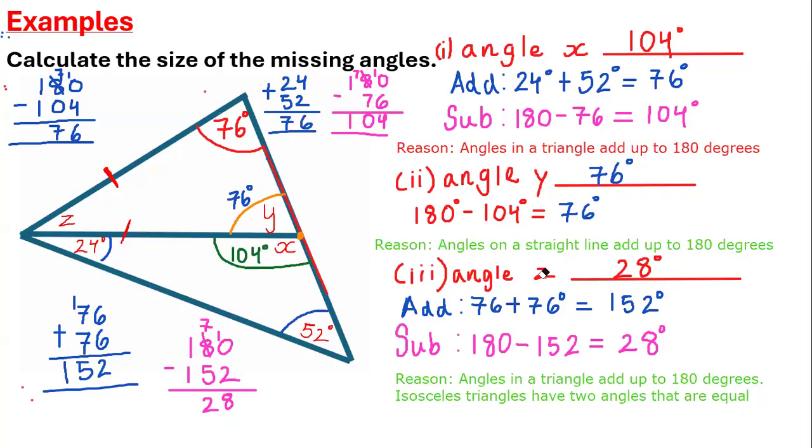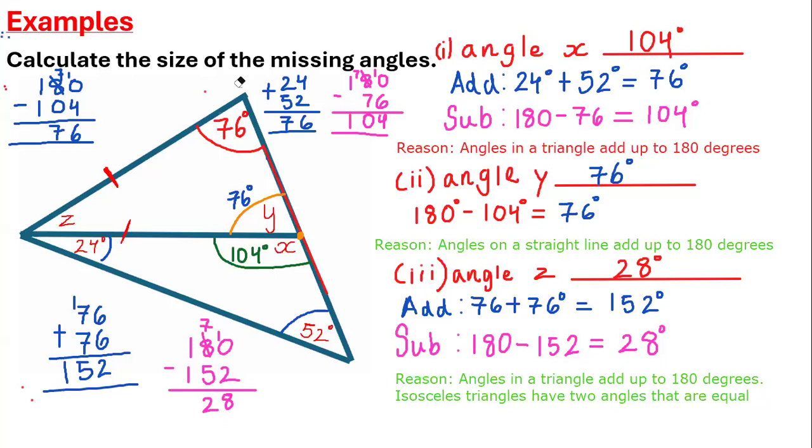We take away 180 and 152, and we got 152 by adding 76 by itself, and that's how we got 152.